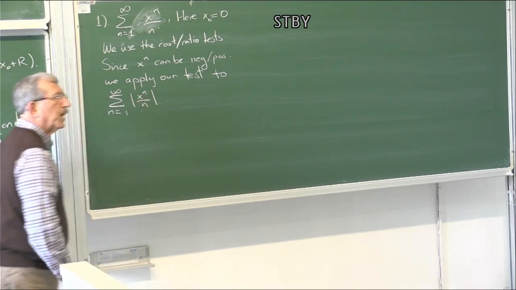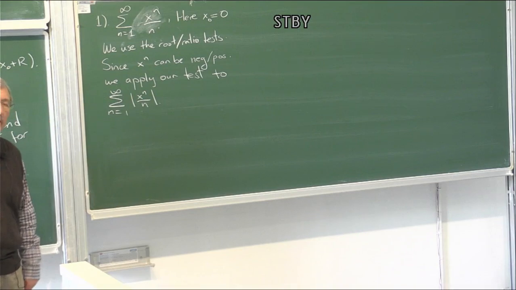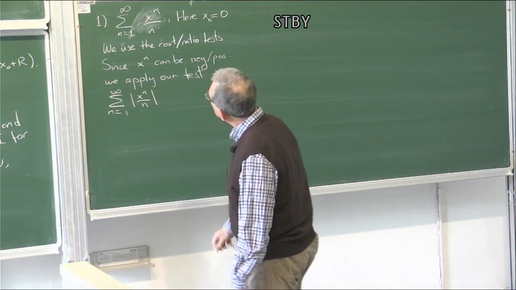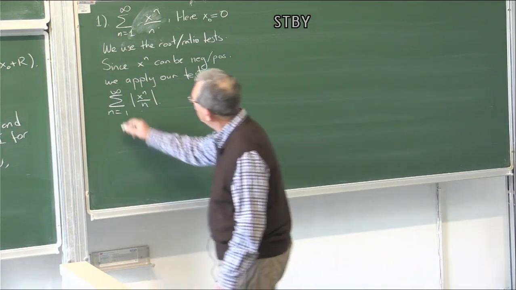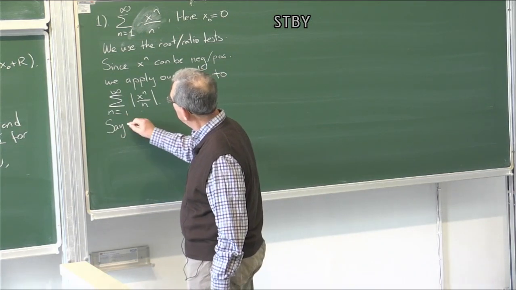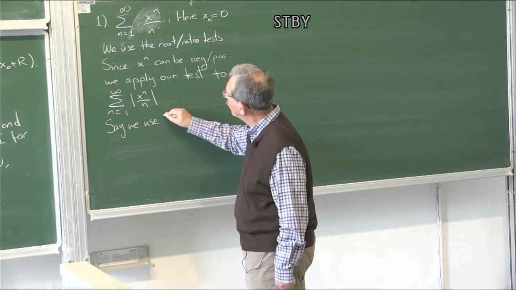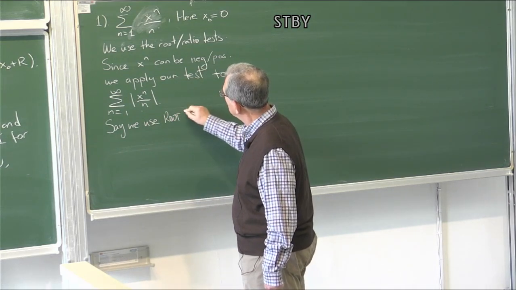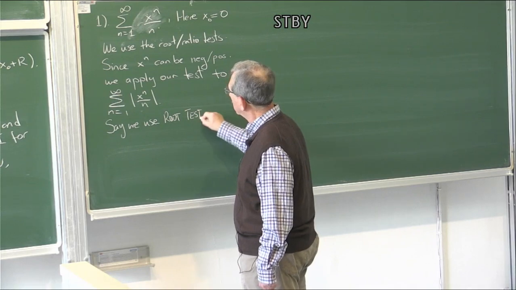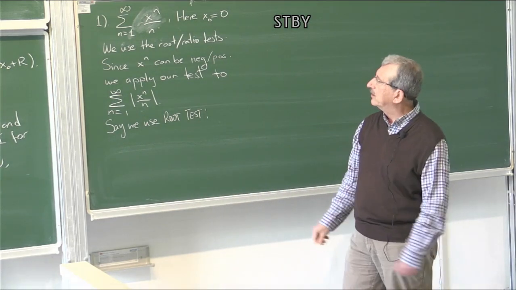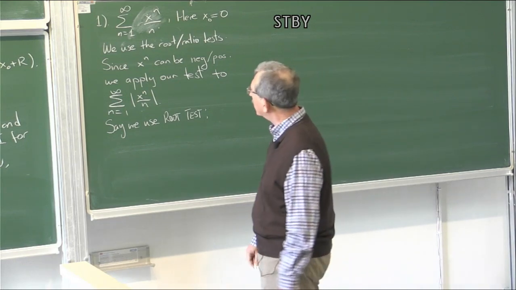Okay. Now the general term is non-negative, so we can apply it. We have chosen to use the root test. Ratio test is just as well. Here, it can be applied directly.